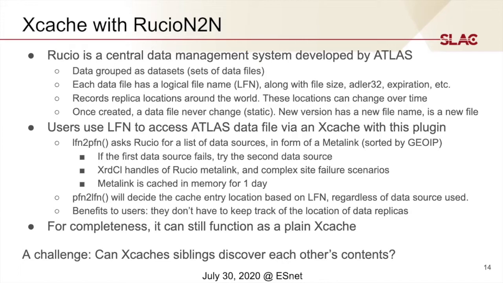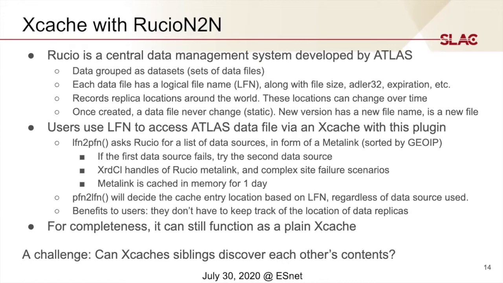From the user's perspective, if you want to analyze a data set, you first have to figure out which files are in the data set, then find out where the locations are, and then you download them, or you do a direct remote access. If you do direct remote access, you have to keep track of file location changes. Sometimes data can disappear from one site and show up on another site.